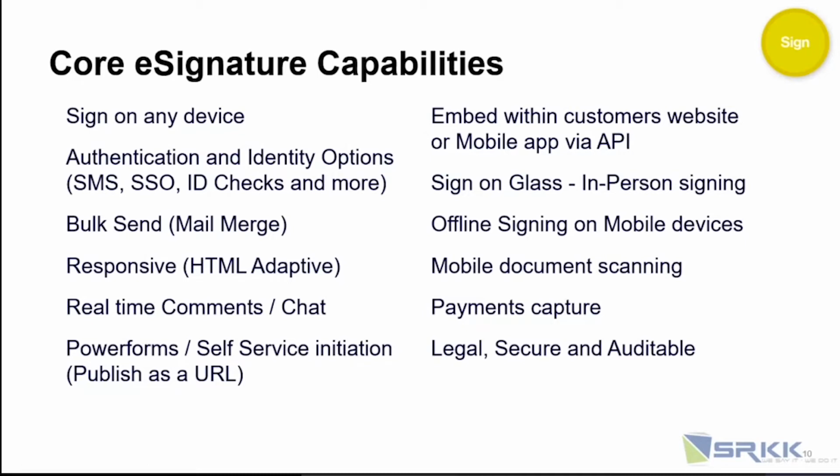So that's on the bulk send, and it is responsive. It can work on mobile or on web-based browsers. And in the middle of the signing, you are able to give a comment, and you are able to do the amendment immediately in real time. So those are the advantages that you get going through e-signatures.